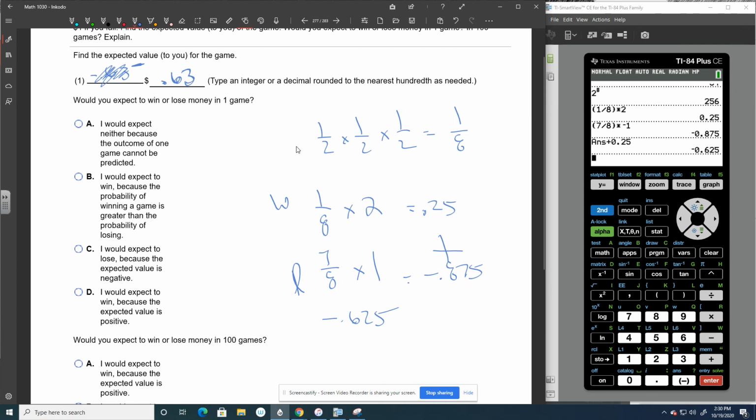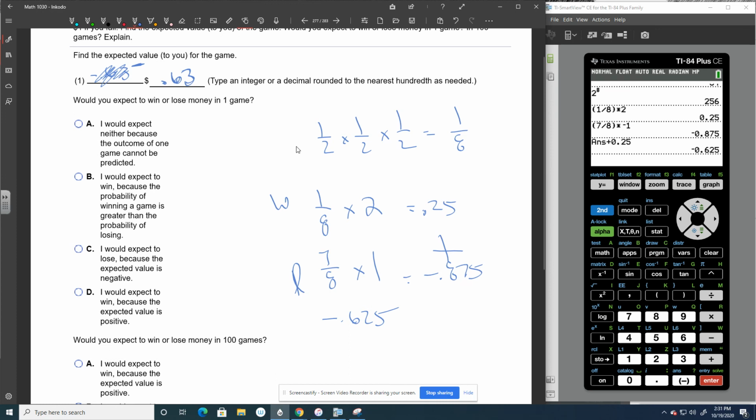I expect to lose 63 cents. What would you expect? Would you expect to win or lose money in one game? Well, in one game, I expect to lose 63 cents. But I guess that 63 cents isn't based on doing this over and over and over again, right?